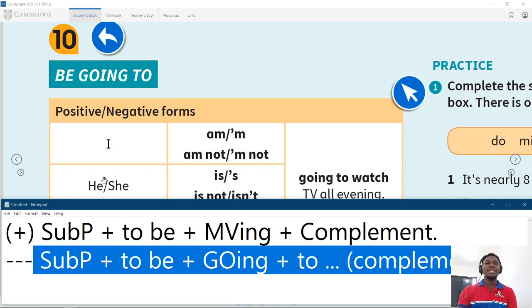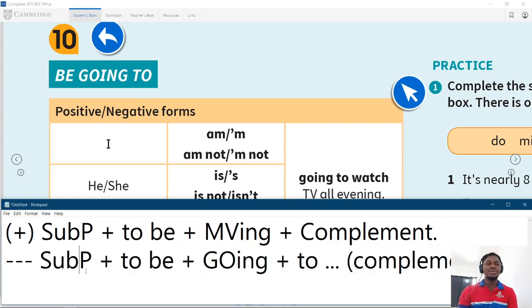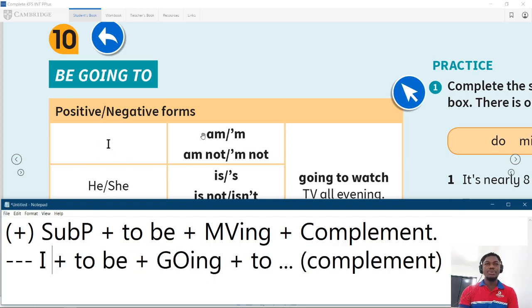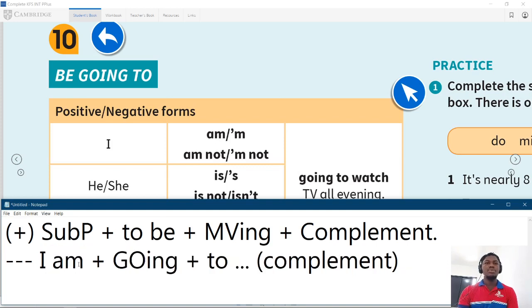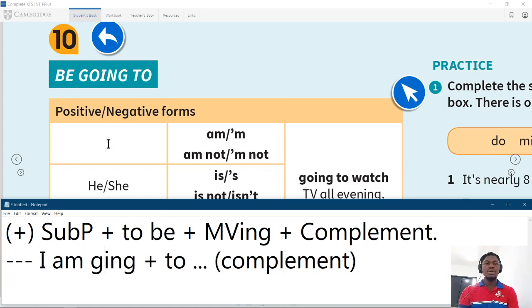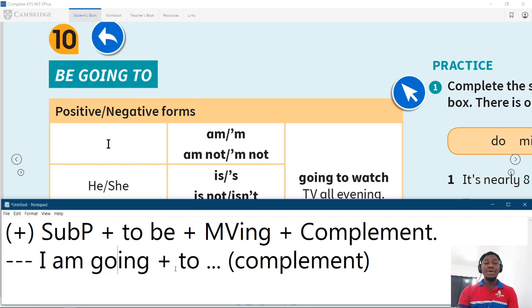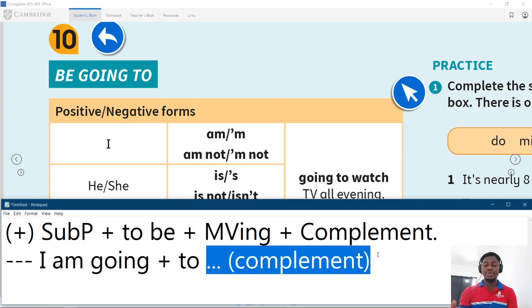So here are some examples. I, verb to be, am going. Now remember, after the to, you need another verb.